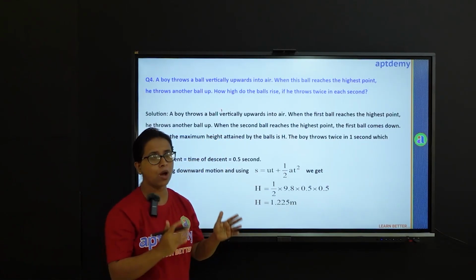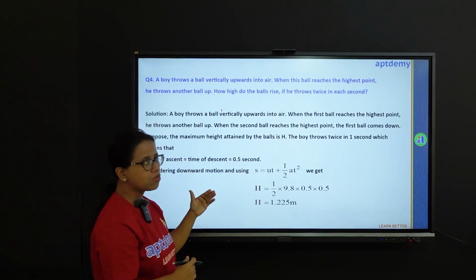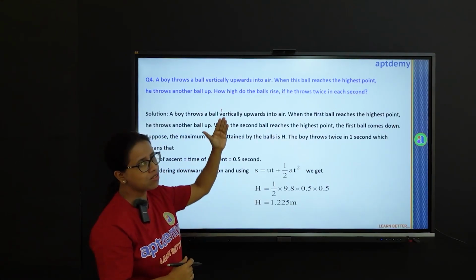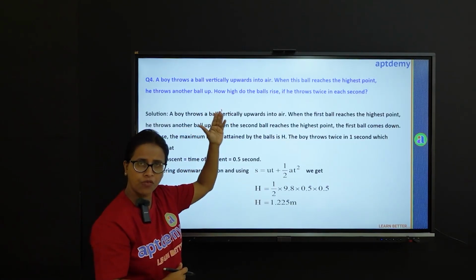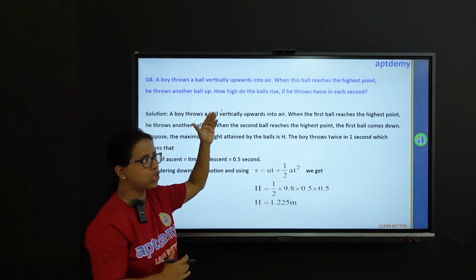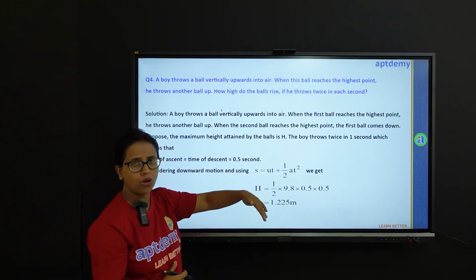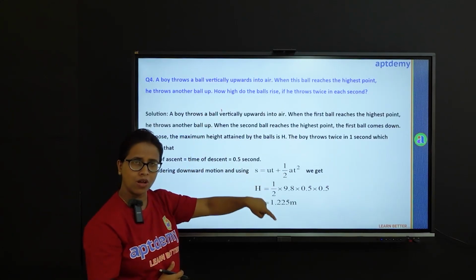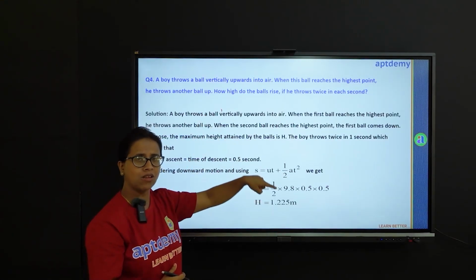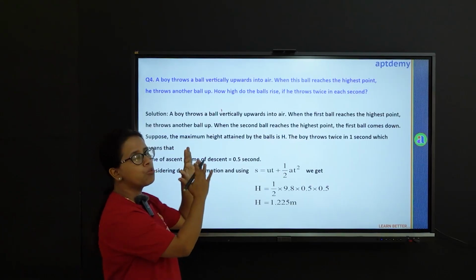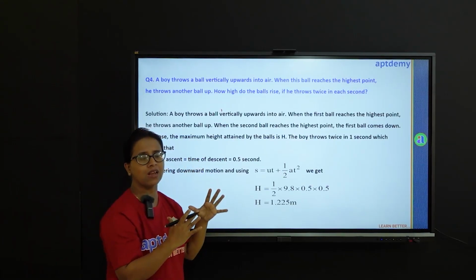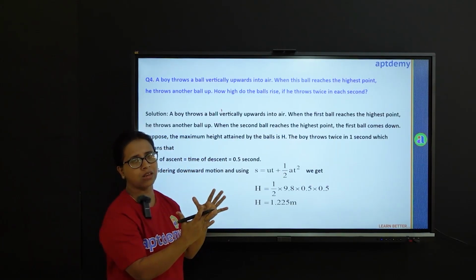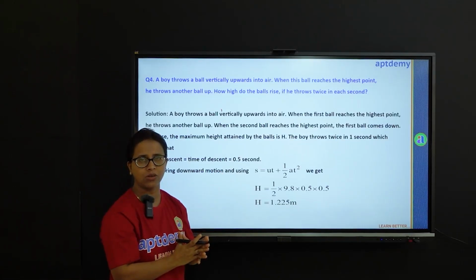The time in which a projectile starts from its initial position and reaches the highest point is the time of ascent, and the time in which the projectile comes down from the maximum position to the ground is the time of descent, and these two times are equal to each other.